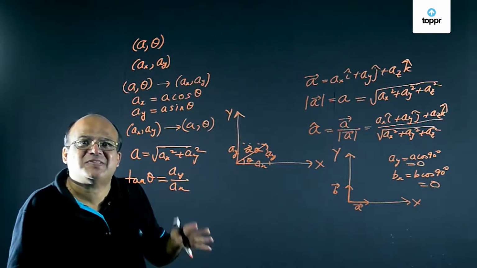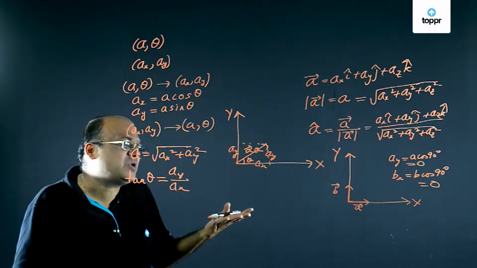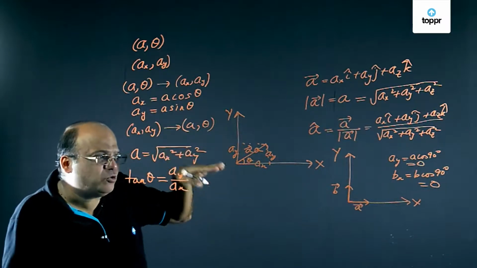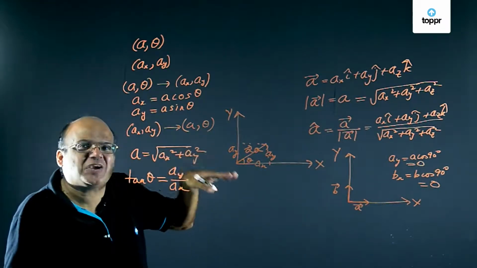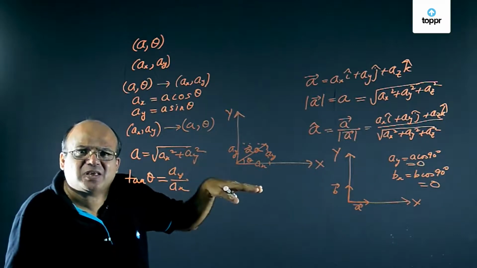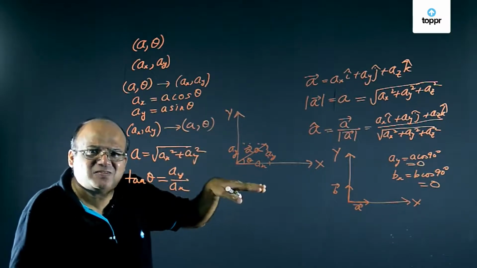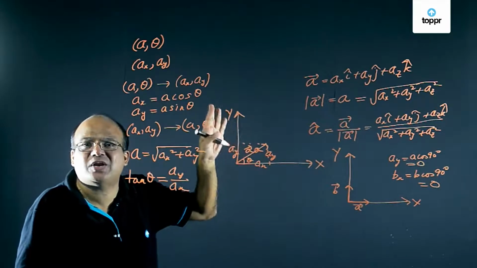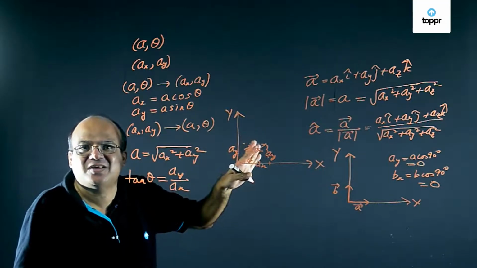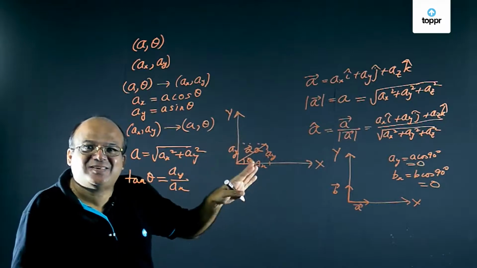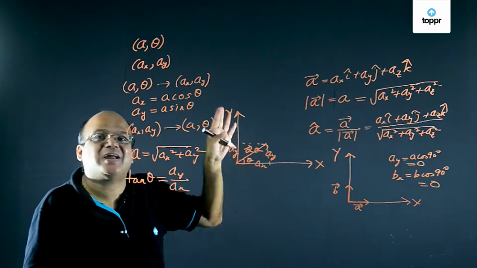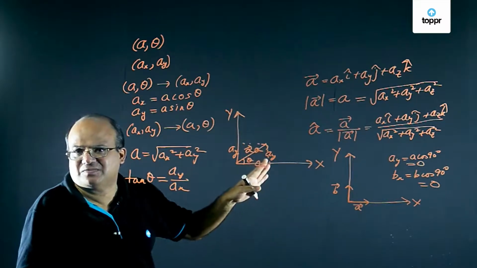And z component is independent of x and y component. And that way we can study motion or anything else along each axis independently. When looking at x-axis, we need to look only at x-axis. When looking at y-axis, only at y-axis. When looking at z-axis, only at z-axis. The components are independent of each other.